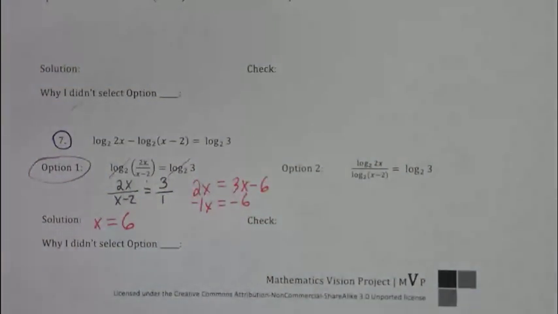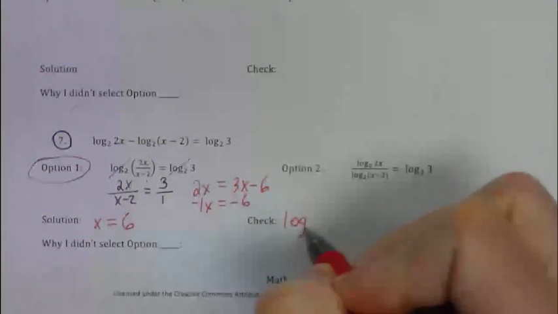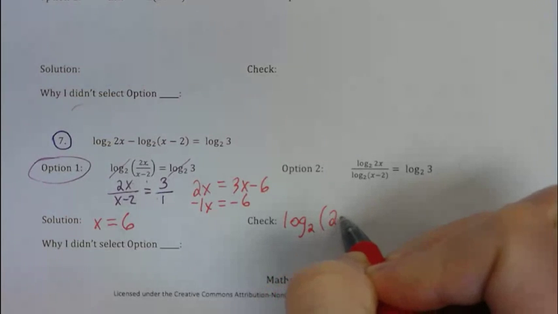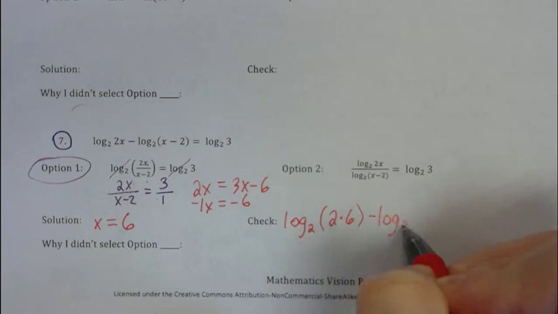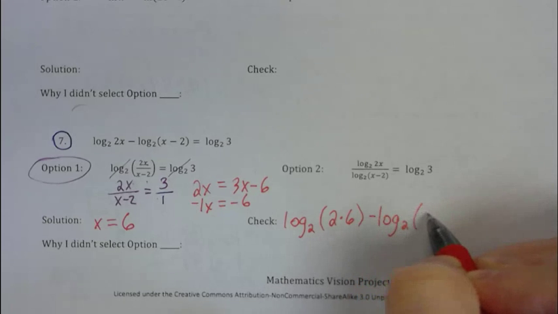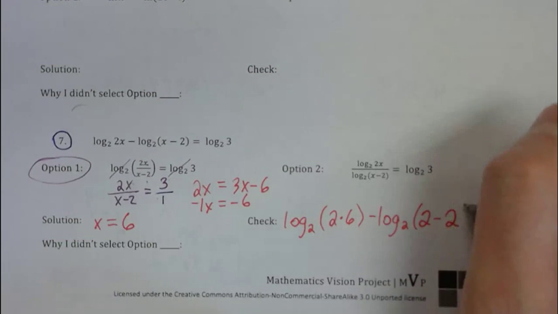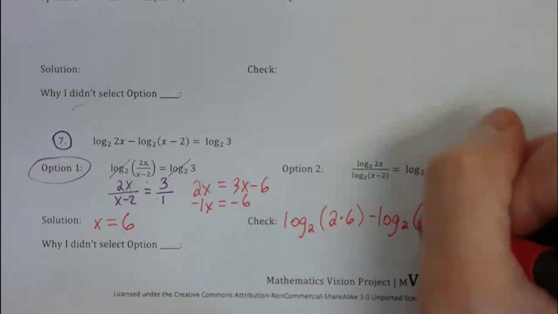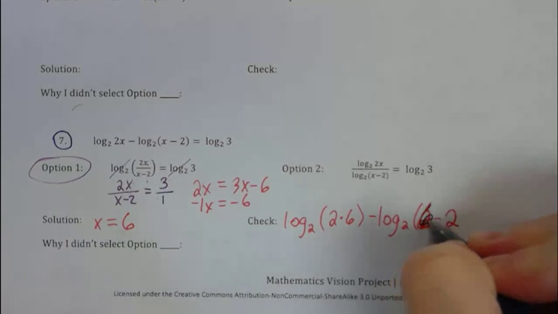So we found our answer. Now we're just going to put 6 back into our problem. So we're doing log base 2 of 2 times 6 minus log base 2 of 6 minus 2. Sorry, x is 6, so this should be a 6 right here.